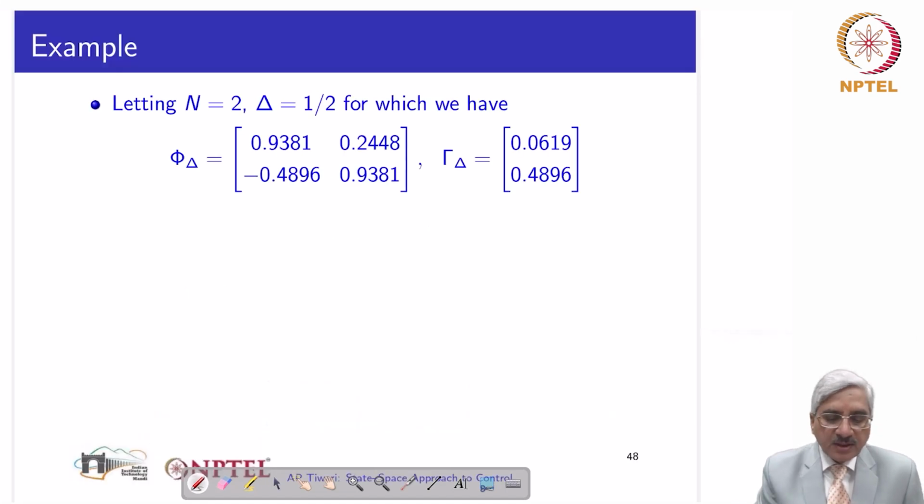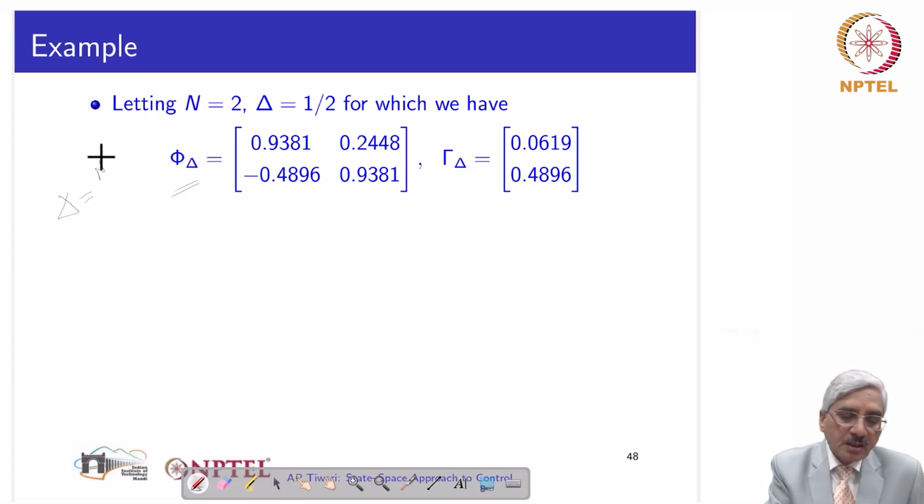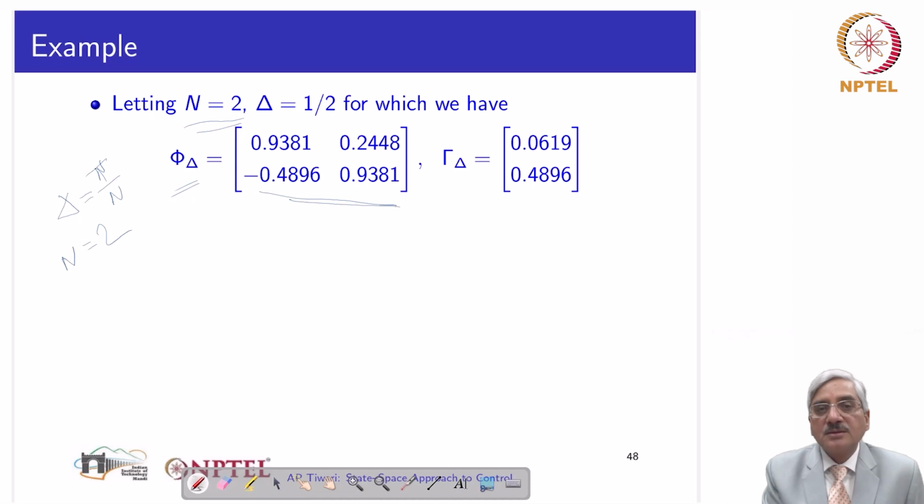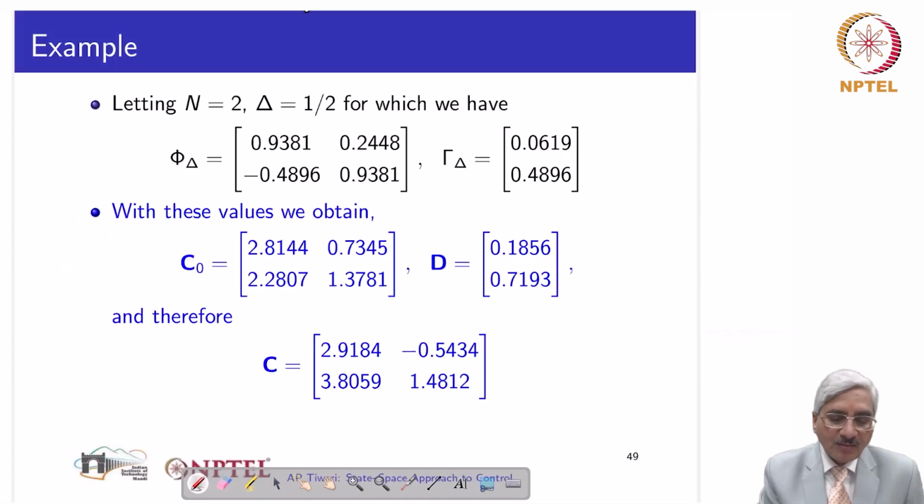Now once F is obtained, next is the discrete time system for that continuous time system for sampling at the rate delta, which is T by N, and N we are choosing as 2 first. So delta is half, and for that this is the system matrix and this is the input matrix, phi delta and gamma delta.